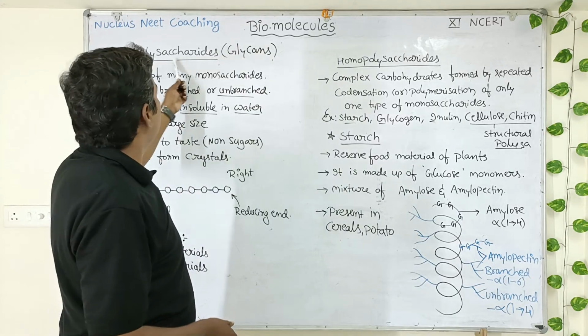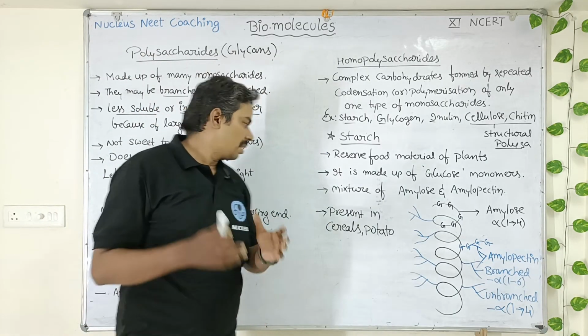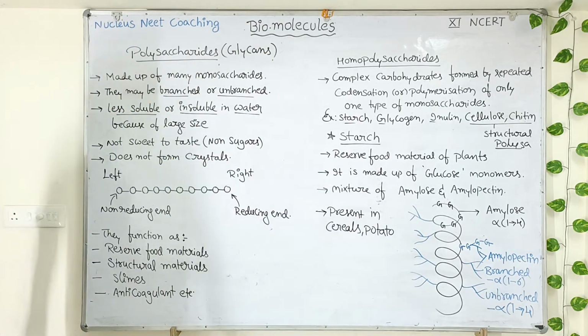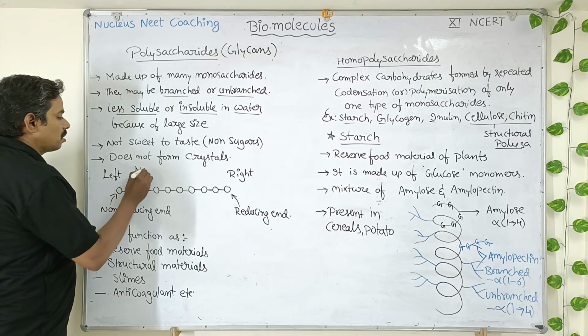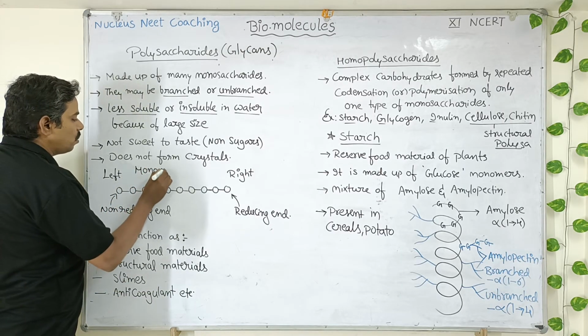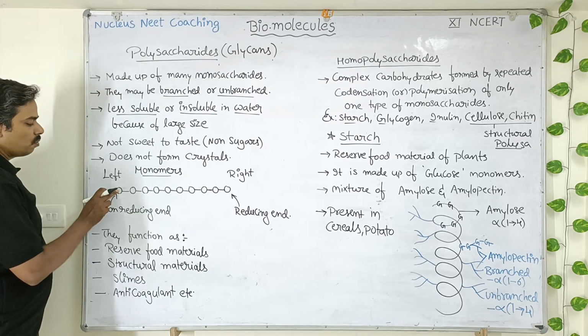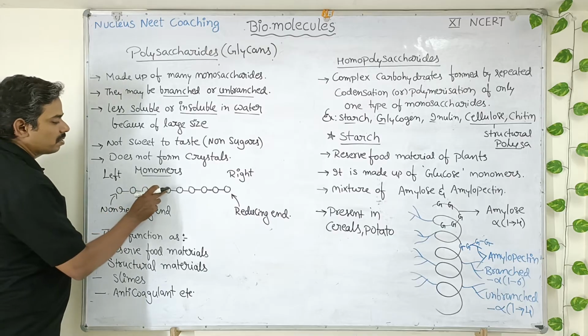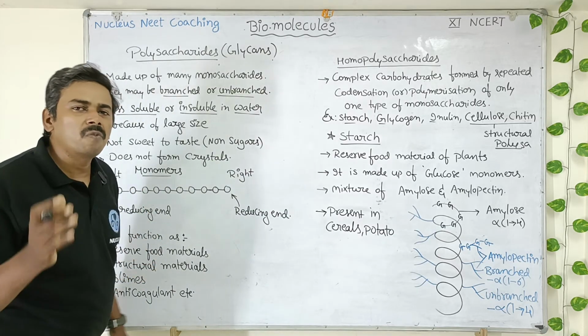Okay, so polysaccharides are also called as glycans. If you observe the structure of any type of polysaccharide, you can see individual units called as monomers. You can see here, this is a monomer, this is a monomer. All these rounds represent monomers. These monomers can be any type of monosaccharide.